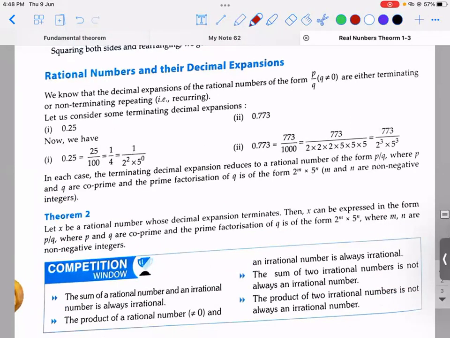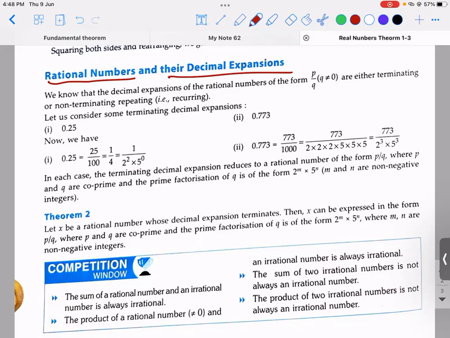But before that, I want to explain about rational numbers and their decimal expansions, which you would have learned last year. Did you? Right. So there are 2 things. One is they'll give you a rational number and using the long division method, you have to convert it into decimal form. Or they'll give you the decimal form, then using some multiplication factor, you need to convert it to the form p by q. You remember this?